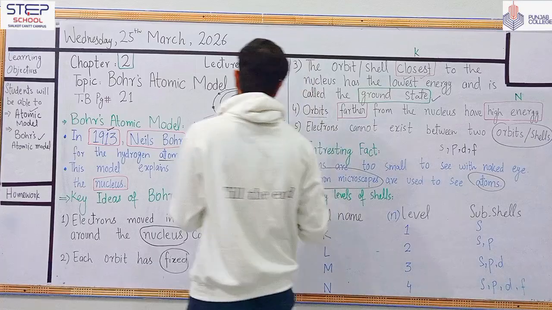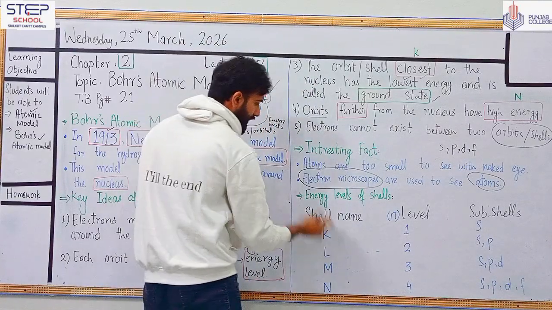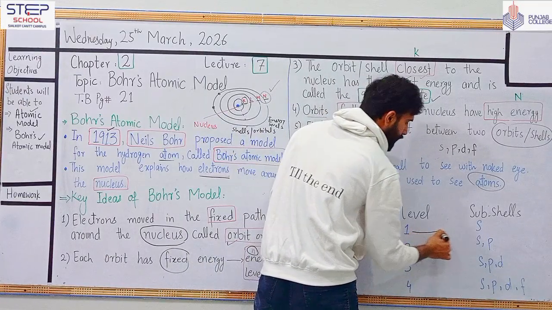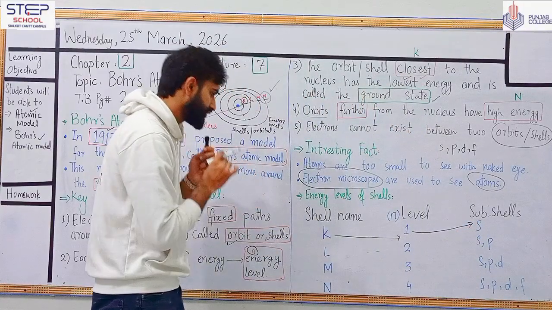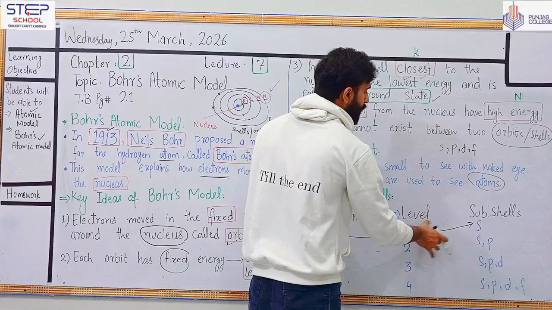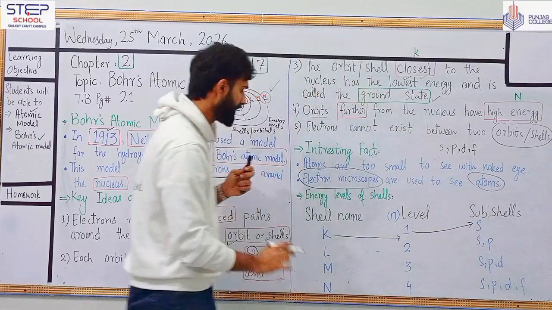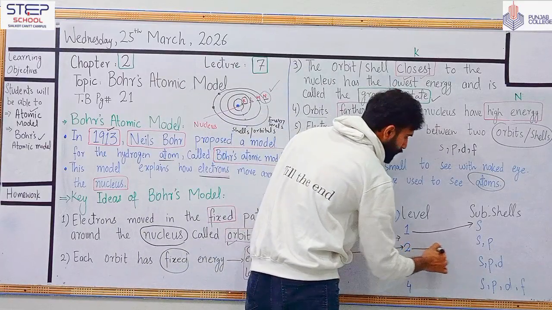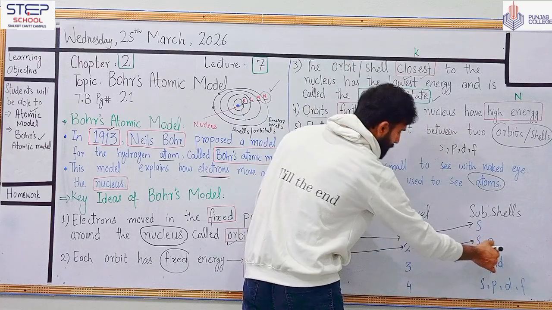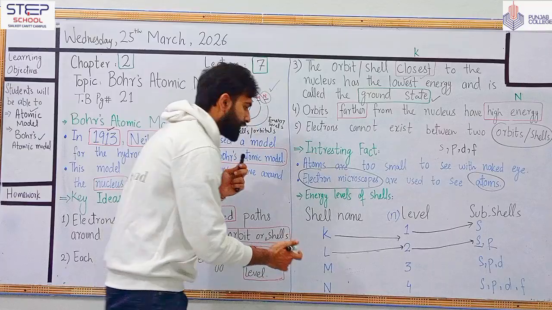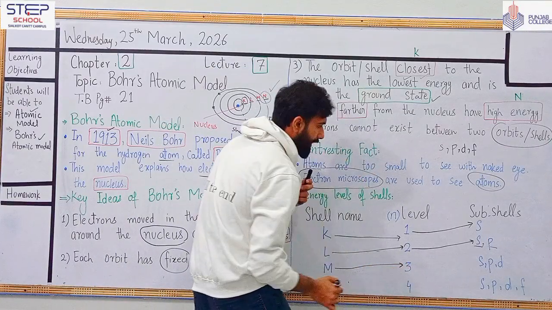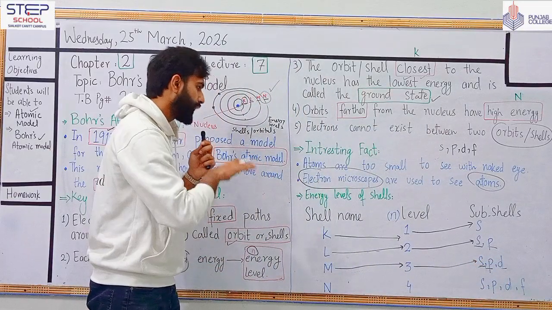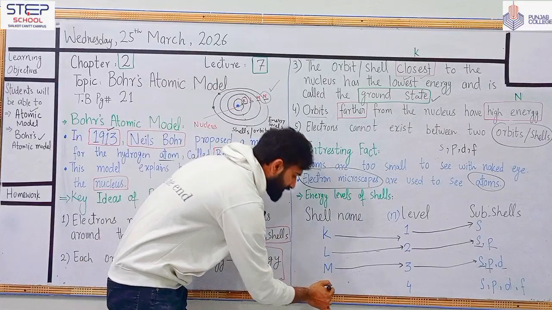Start with the very closest shell, K. The energy level of the K shell is 1, and it has only one subshell, S. If we talk about the L shell, its energy level is 2 and it contains two subshells, S and P. The M shell has energy level 3 and contains three subshells, S, P and D. And lastly, the farthest shell from the nucleus is the N shell.